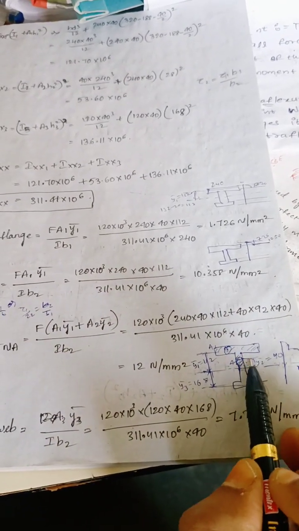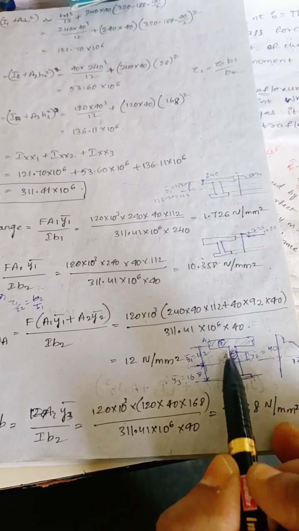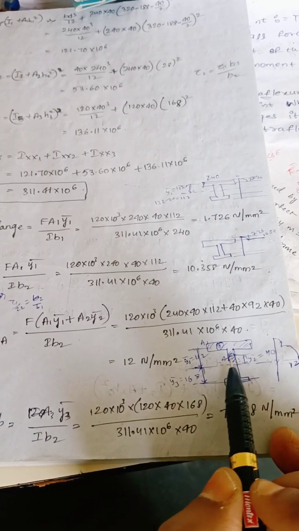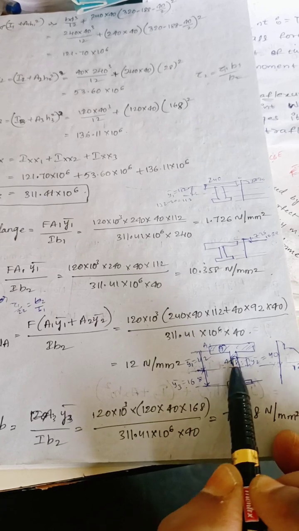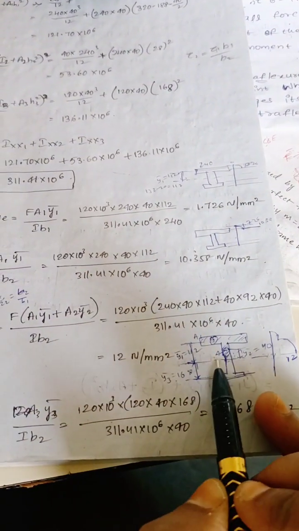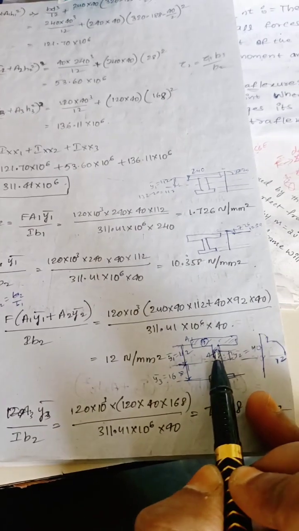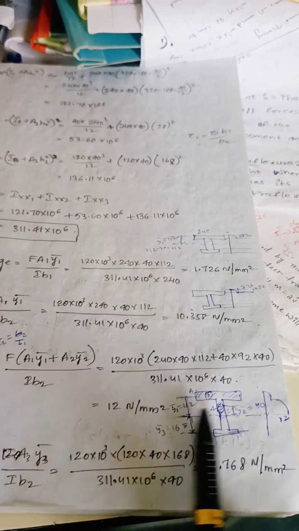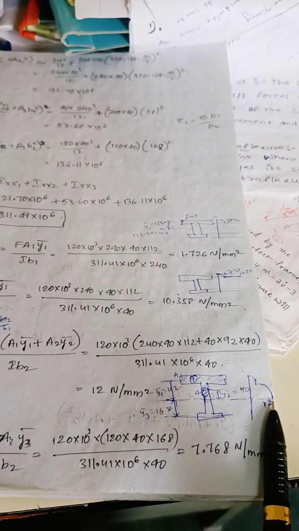So this portion 40 into 92, this is 92 into 40 into 40. What is 40? The distance between this portion and this portion, the overall neutral axis and this neutral axis. If we calculate, we'll get 12.